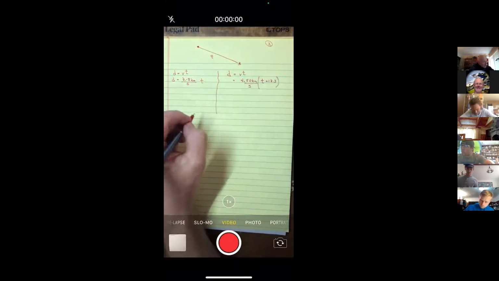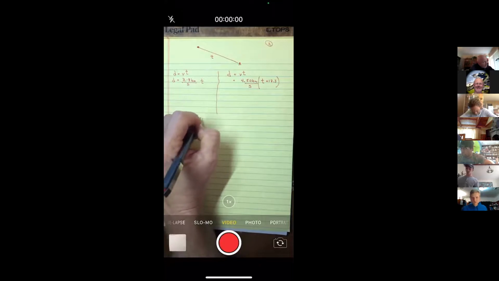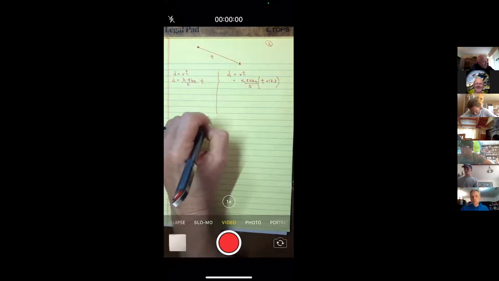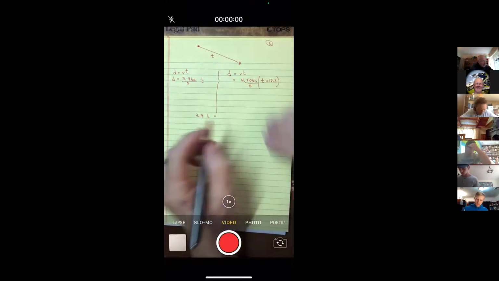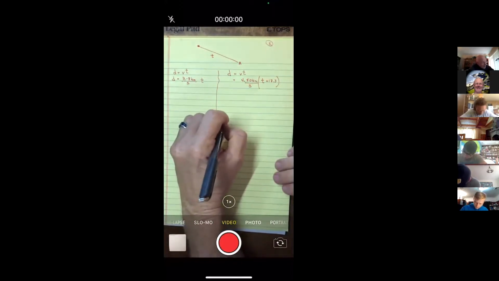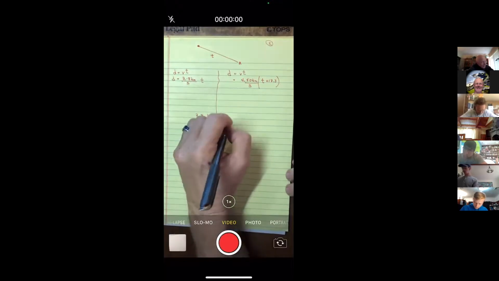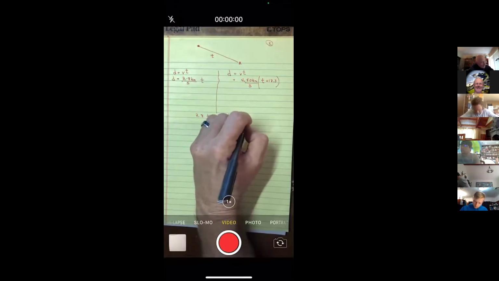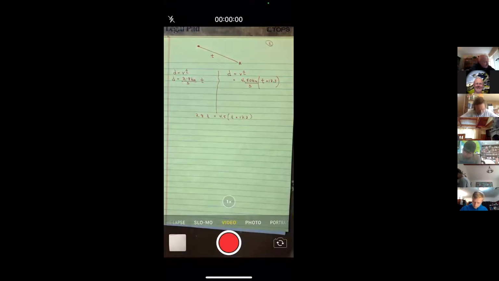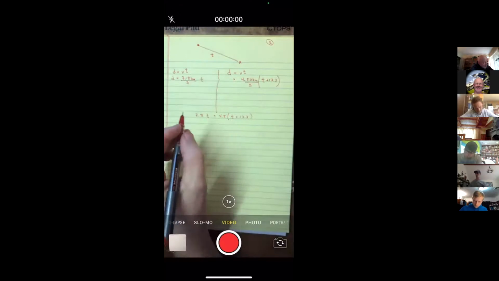So if we set the two equal together, we get 7.8 t on the left-hand side. And on the right-hand side, we get 4.5 times (t plus 17.3). And of course, that's one equation, and we can solve for t.